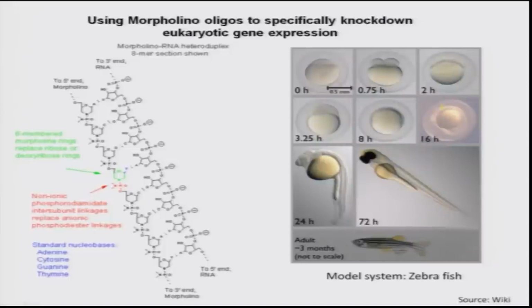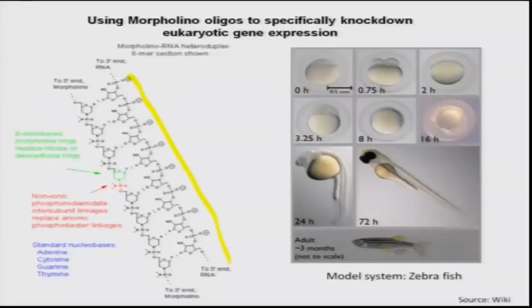These morpholinos are nothing but oligos. These are synthetic single stranded DNA, but the backbone of the DNA that is made is modified such that it is stable, otherwise it may be degraded, and these are antisense, meaning they are complementary to a given RNA, and have the efficiency to knock down the gene expression, meaning it goes and forms a duplex like what is shown here, and this is your RNA and this is your morpholino.